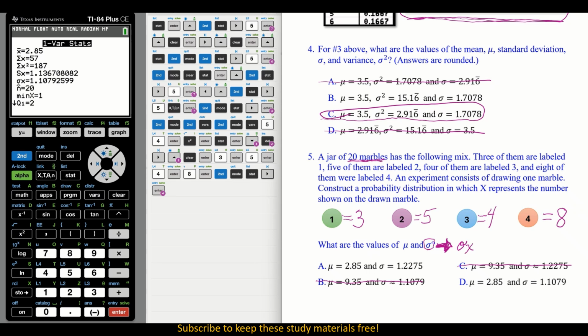So right here, down here, it's 1.10. Did they round? No, no, no. My eyeballs aren't seeing it correctly. 1.1079. Yes. So they didn't round. Okay. Awesome.